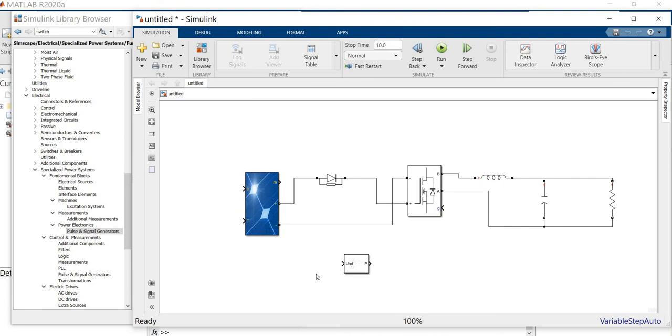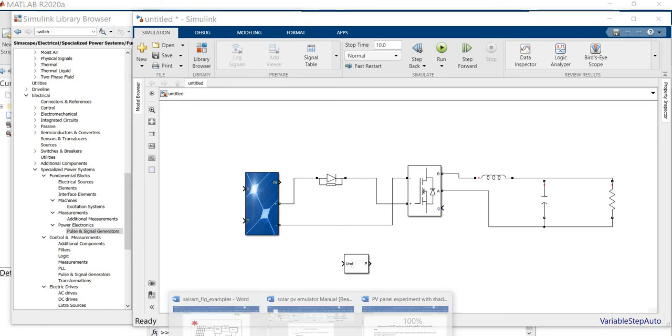How are we going to generate the sine wave? Due to time limitation, here we are going to feed the sine wave for getting the sinusoidal pulse width modulation.